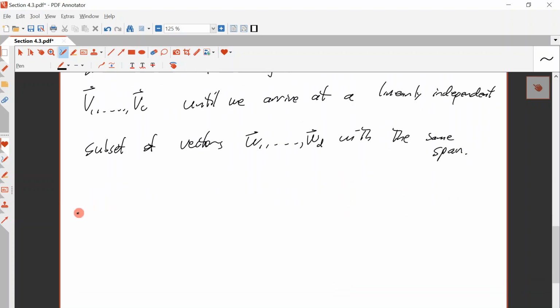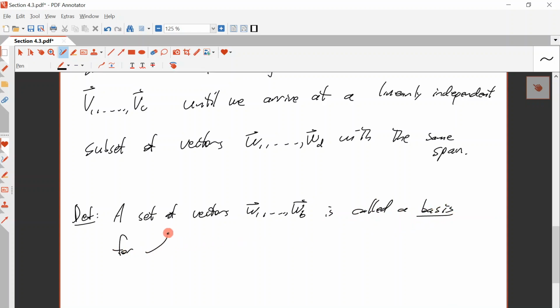Okay, and the definition is this. A set of vectors w1 through wb is called a basis for S when the span of w1 through wb, the column space, is equal to S, and w1 through wb are linearly independent.